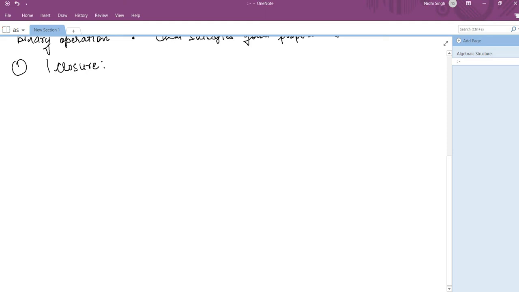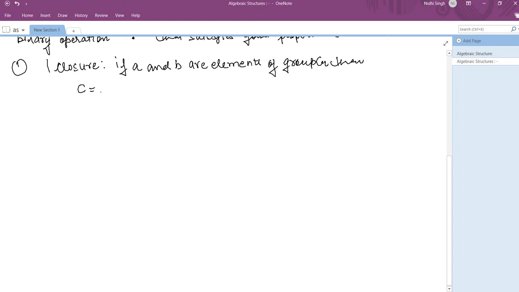The closure property says that if A and B are elements of group G, then the operation C equal to A dot B, where dot is the binary operation, is also an element of G.